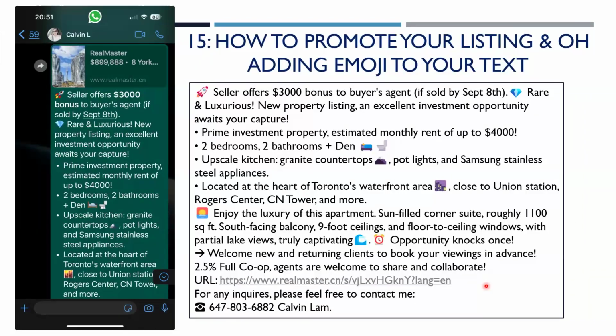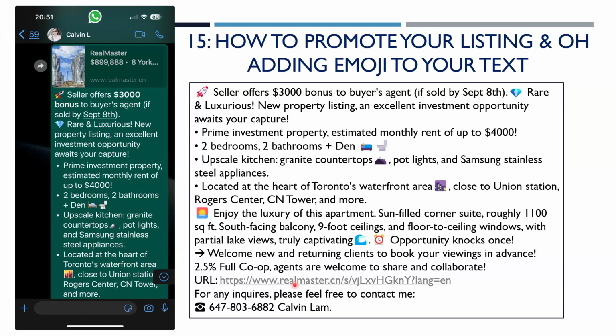In this case, I can just post as I said, put everything here, Calvin, and I have this URL. This URL is one of the very popular platforms within the Chinese community. Actually, it's not just Chinese now.